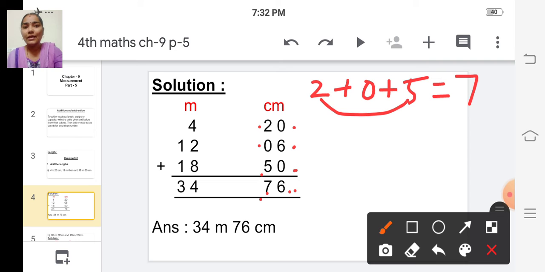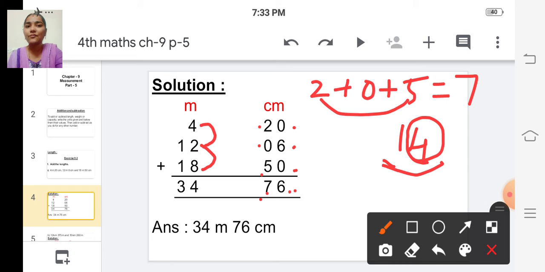Next, the meter column. 4 plus 2 is 6, and 6 plus 8 is 14. 14 is a 2-digit number, so we write the 4 in the answer and carry over the 1 to the next place.